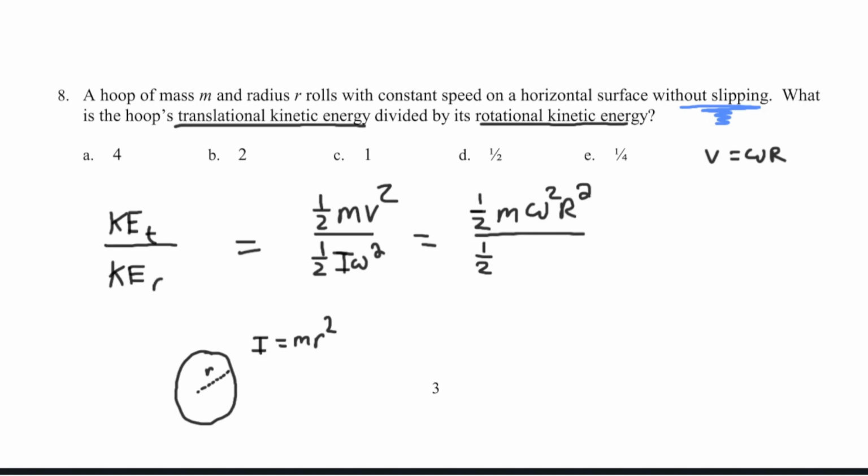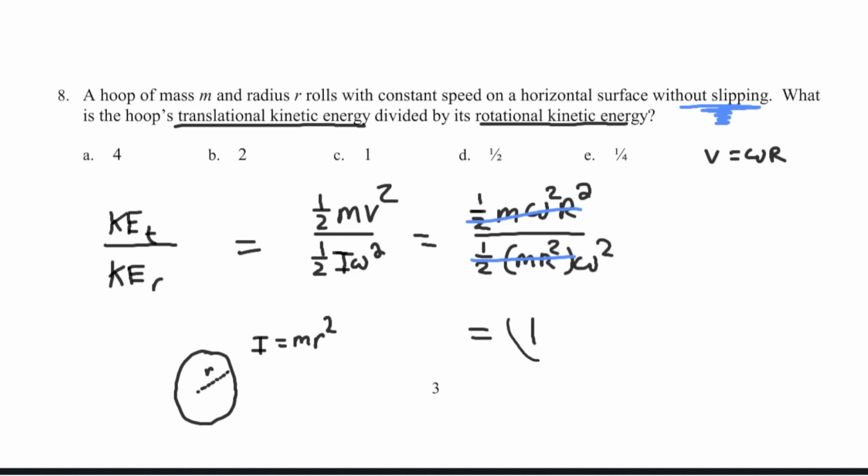If it was a disk, it'd be 1/2, and you have that whole table and all that. But so the moment of inertia is mr squared, and I should at least be consistent with how I write it. And I have an omega squared. So actually, everything cancels. These two things are just identical. So it's actually just 1-to-1.